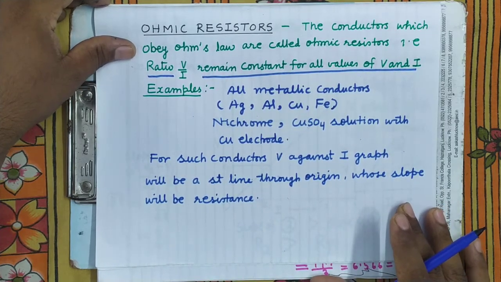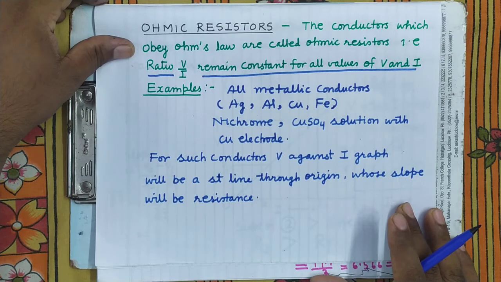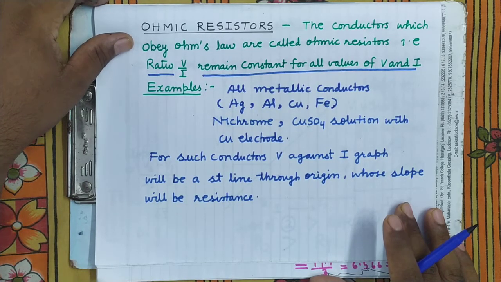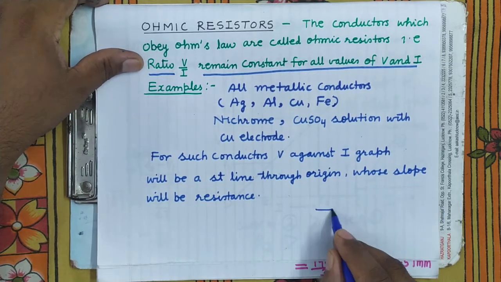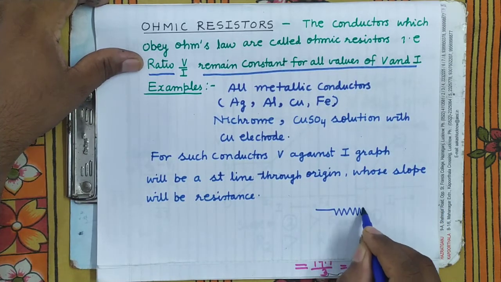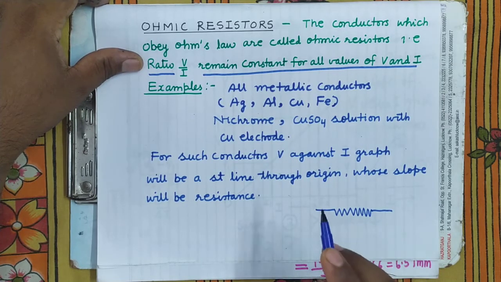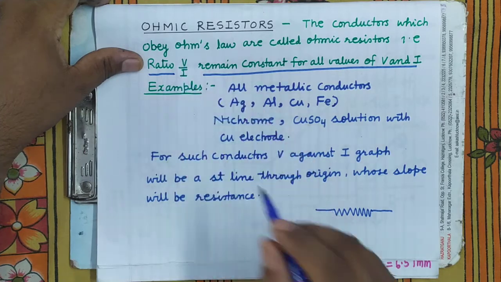It's clear. But it has been found that at a very high temperature, if the current flows for a very long time, the wire will become very much heated. And when it becomes very much heated, what will happen? This proportionality will change.